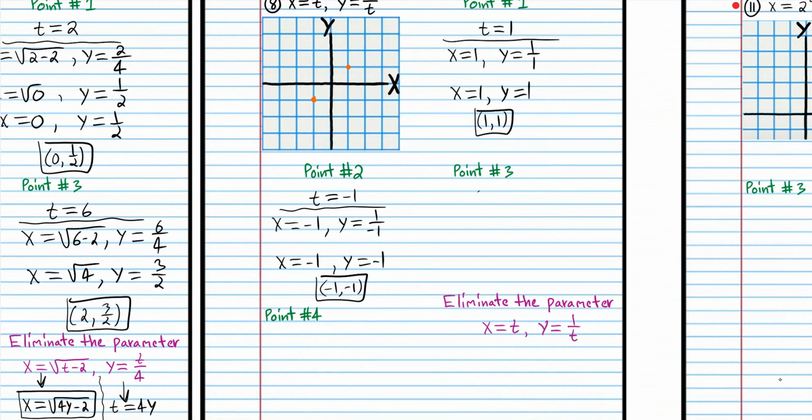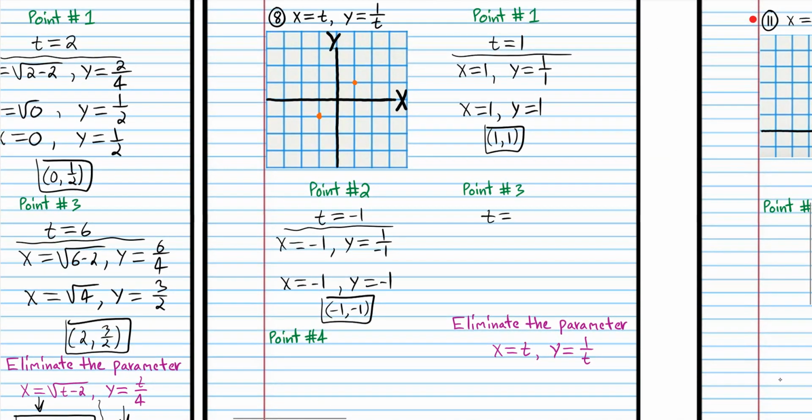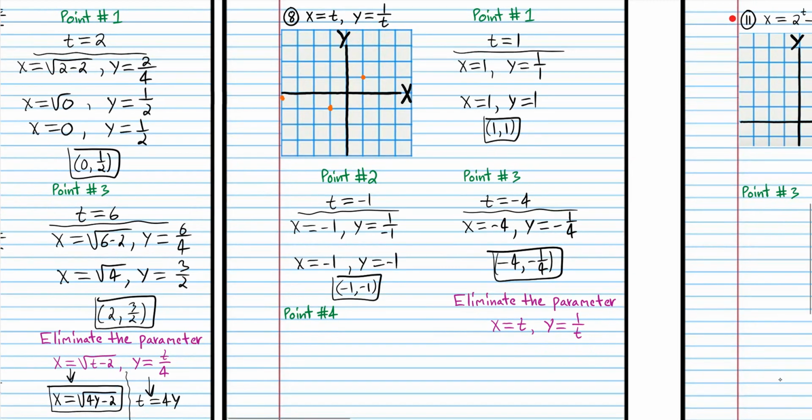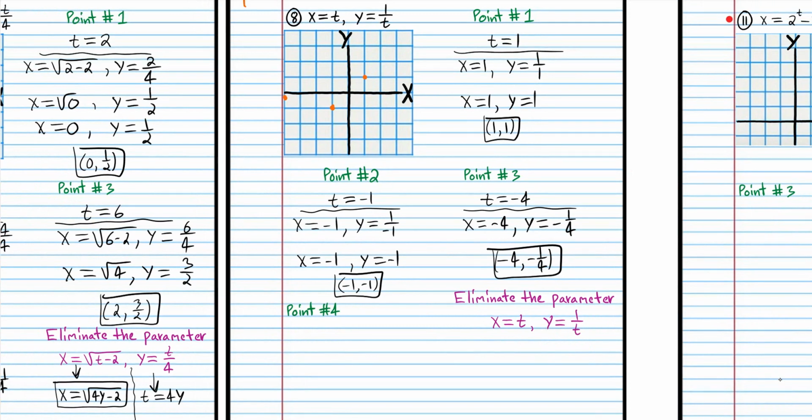And let's find another point. So let's plug in t is equal to, let's try -4. So x is equal to -4, y is equal to -1 over 4. So we have another point. About there.